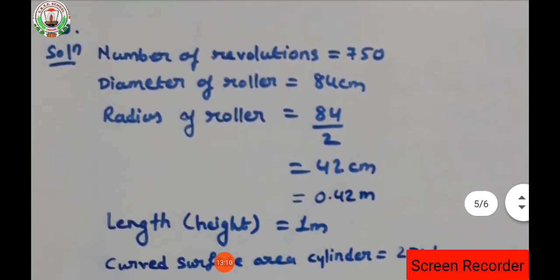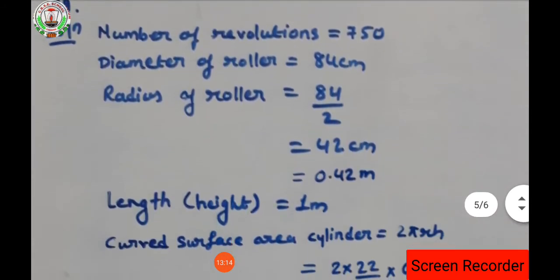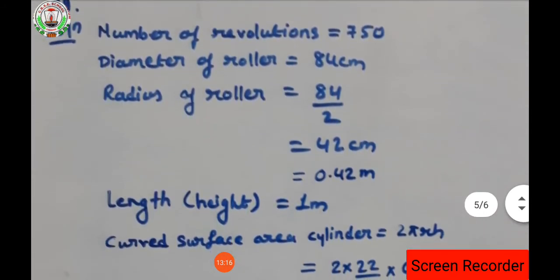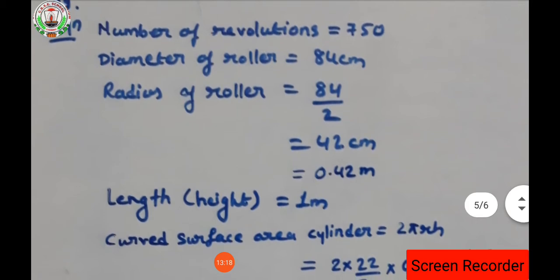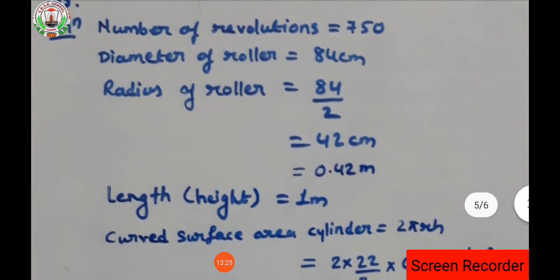Now the ninth question. Here it is talking about revolutions, isn't it? The number of revolutions is 750 completed revolutions. The diameter of the roller is 84 centimeter.